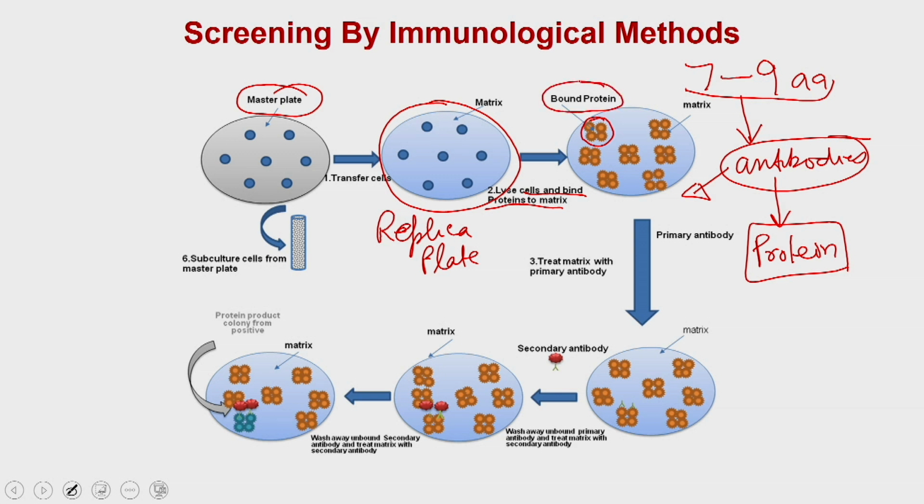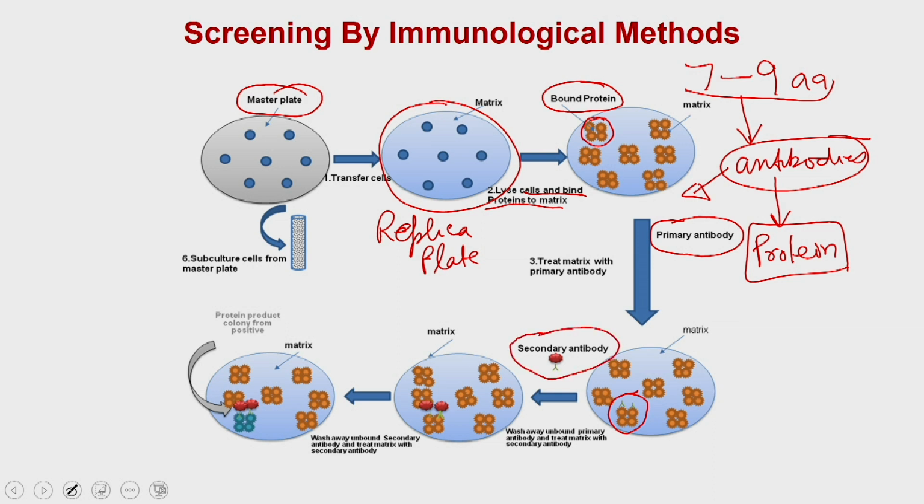Now, this bound protein you are going to incubate with the primary antibody. The antibody you develop against your gene of interest or protein of interest is called the primary antibody. The primary antibody will bind to the proteins coming out from a particular clone or set of clones, and then you will add the secondary antibodies.